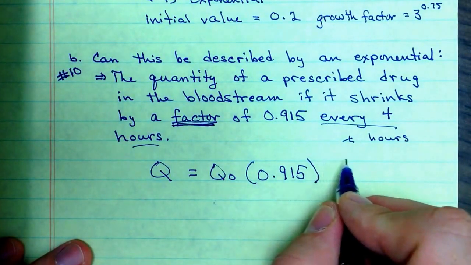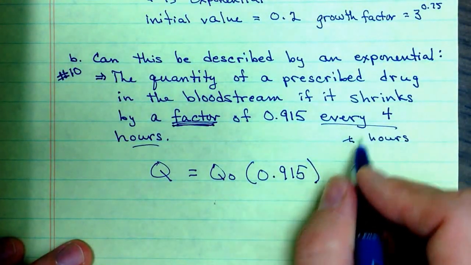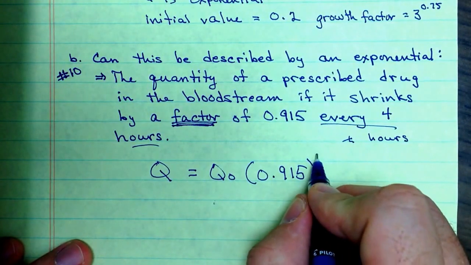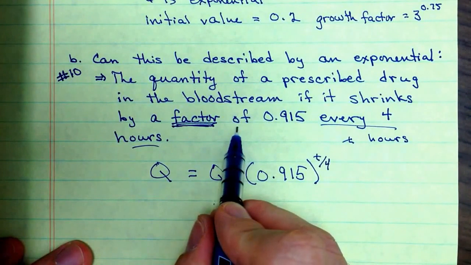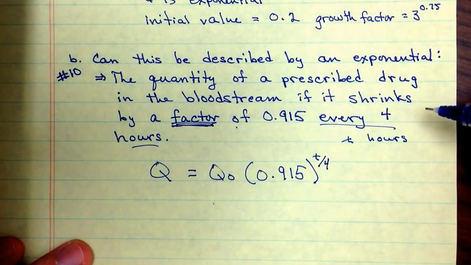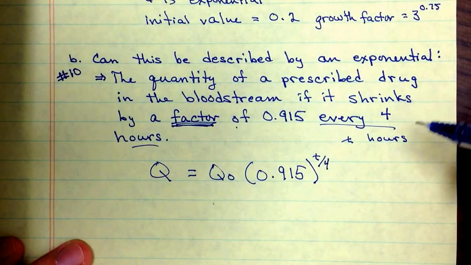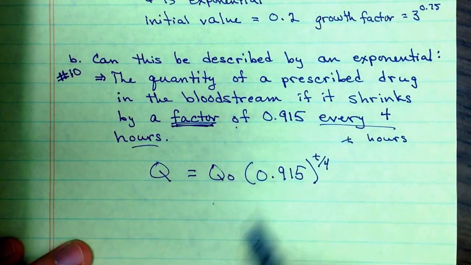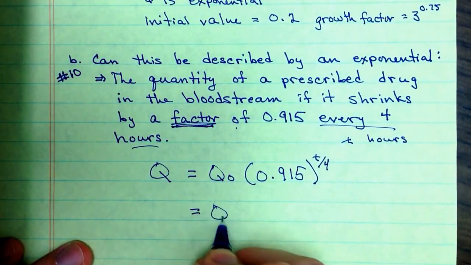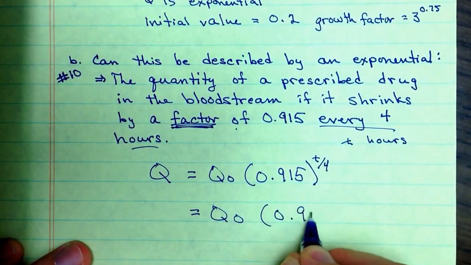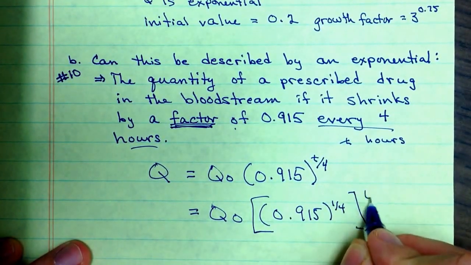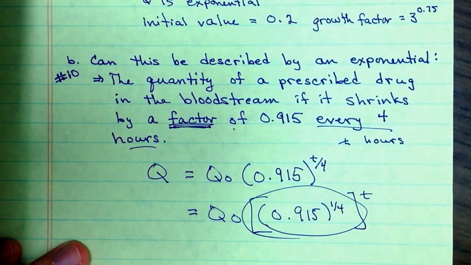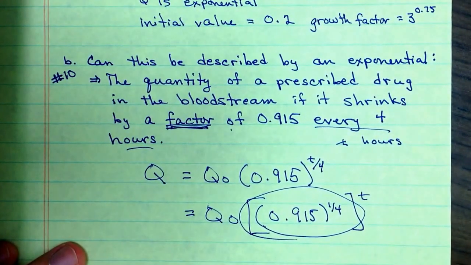If t is in hours, and we want every 4 hours, this is going to be t divided by 4, because we want to multiply the factor by itself every 4 hours. When t is 4, then this is 1, and I get the full thing. So to finish, we'll have Q0 times 0.915 to the 1/4, to the t. Whatever this number is, you can plug that in your calculator, and that would give us the growth factor. Okay?